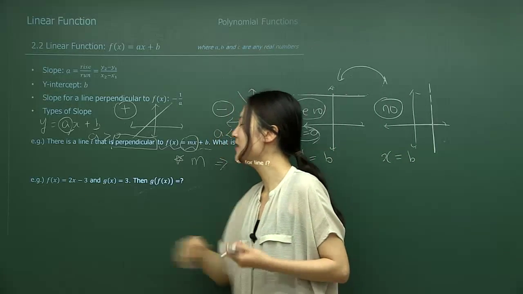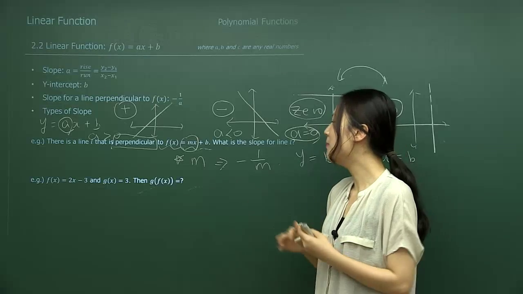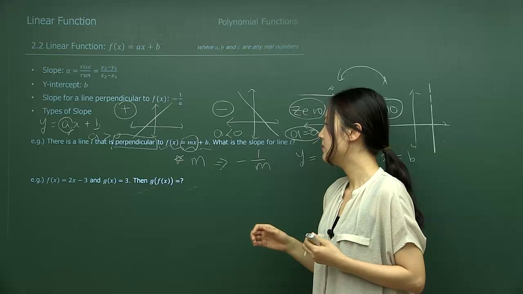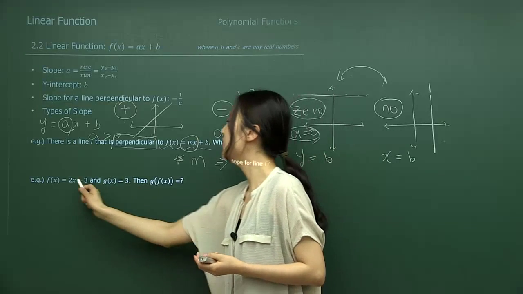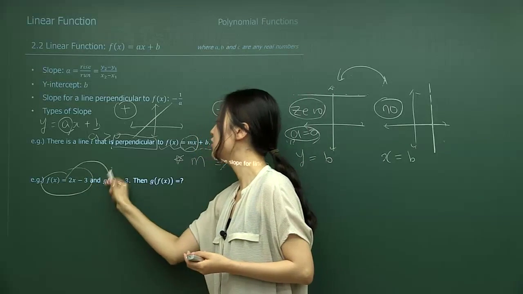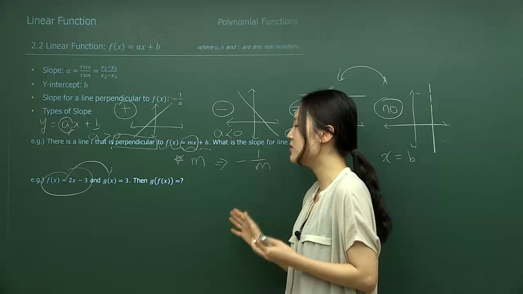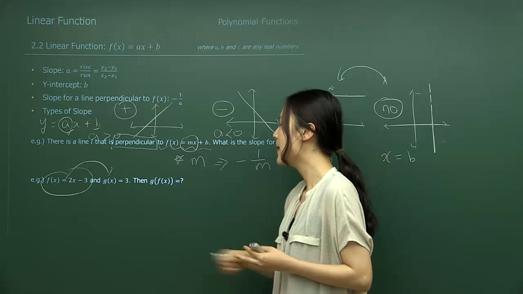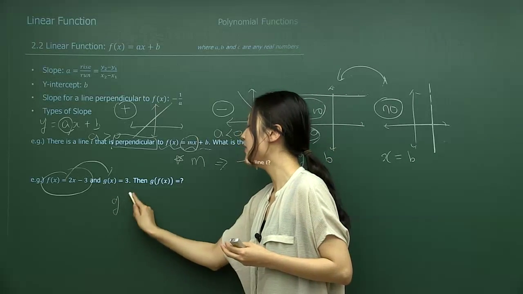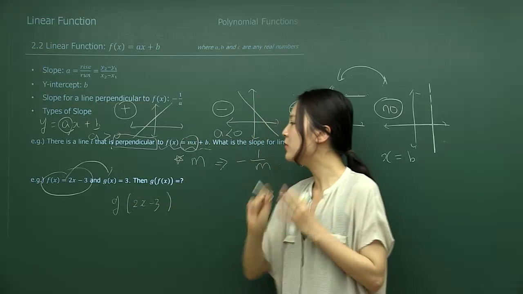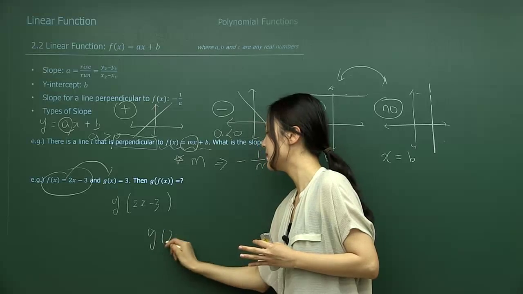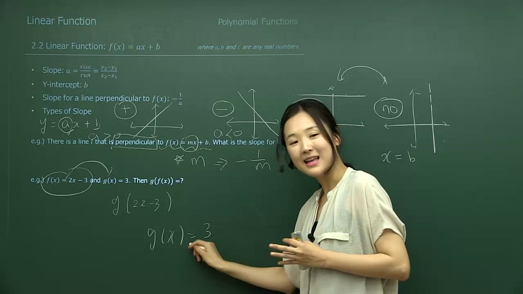Now, what about this? For this one, it seems like a composition. It's a function question with plugging f of x into g of x, right? But I just wanted you to think of something. It says g of f of x, where f of x is 2x minus 3. But if you think about what g of x is, isn't that 3?